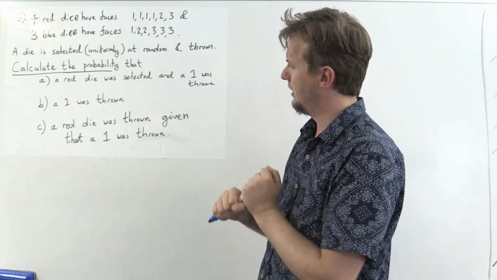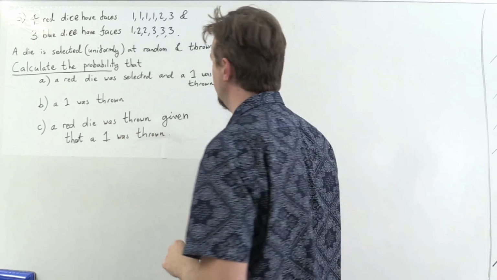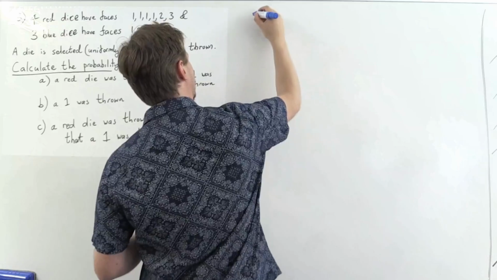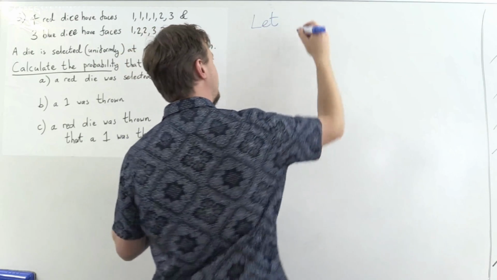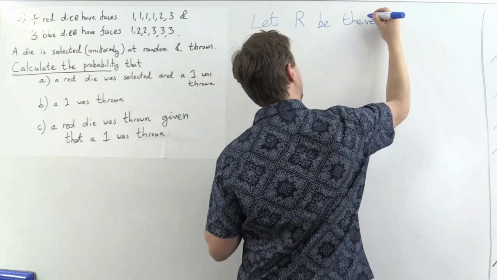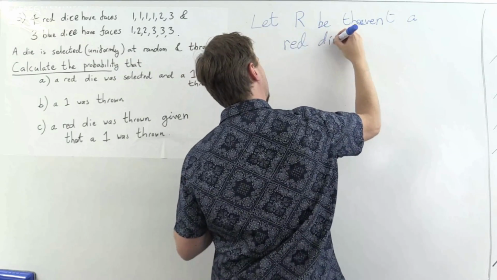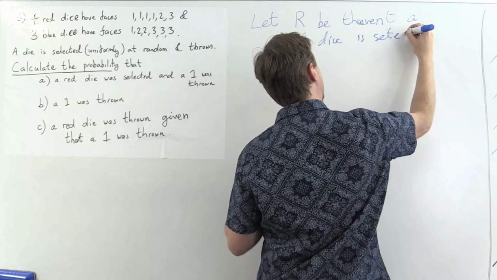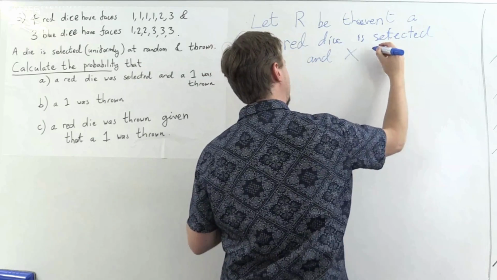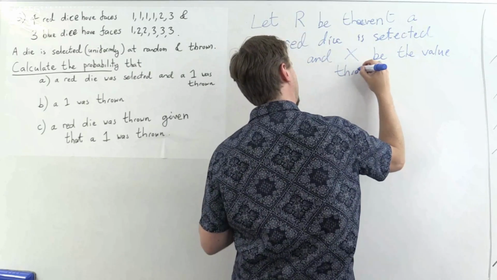My preferred method for doing this is to use a tree. There is a nice way to express the situation using a tree. So I'm going to set up 2 variables. Let R be the event a red dice is selected, and I'm just going to let x be the value thrown.